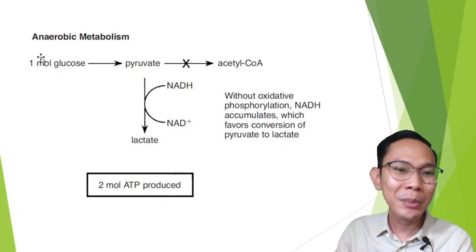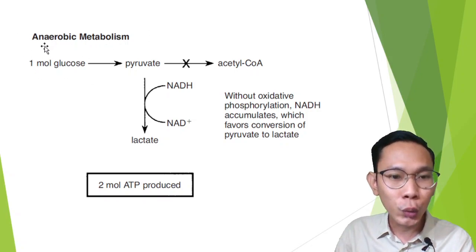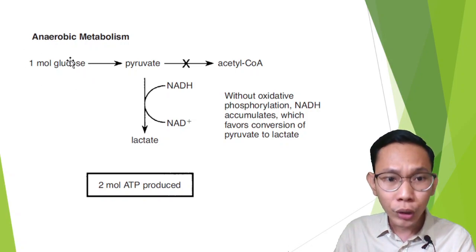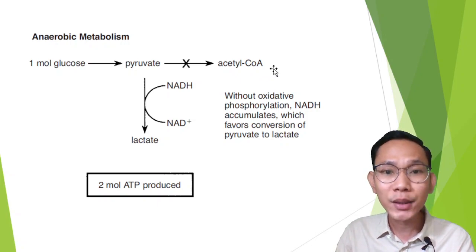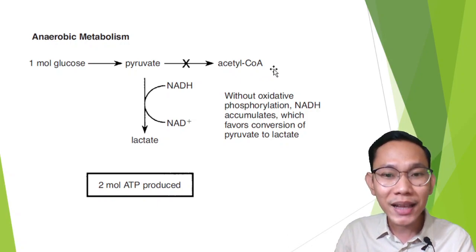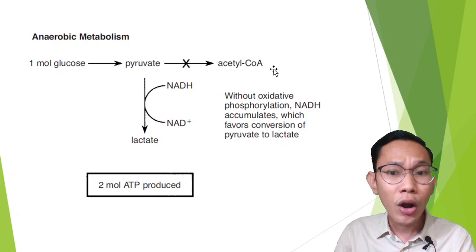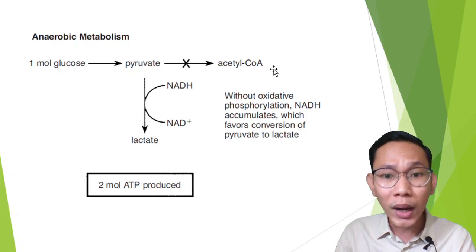So anong anaerobic metabolism? Anong nangyayari? Your glucose will be, remember, in the glycolysis process, anong end product ng ating glucose? It becomes your pyruvate. Pero pag walang oxygen, anong nangyayari? It will not undergo formation of acetyl-CoA. In short, hindi siya makakapasok sa ating tricarboxylic acid cycle, your TCA or Krebs cycle. Hindi siya mag-undergo ng Krebs cycle. Therefore, hindi rin magkakaroon ng oxidative phosphorylation kasi nga walang oxygen.